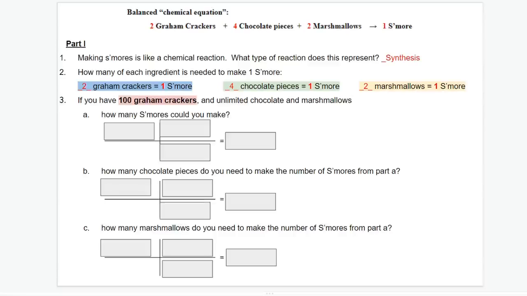Question number 3 asks, if you have 100 graham crackers and unlimited chocolate and marshmallows, how many s'mores could you make? So notice, I really like to color code things. So like I often suggest, I have highlighted my given value and its units in red. So what I have to start with, my given value is 100 graham crackers.